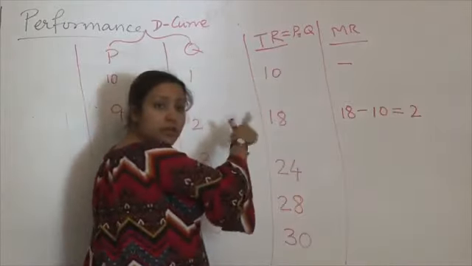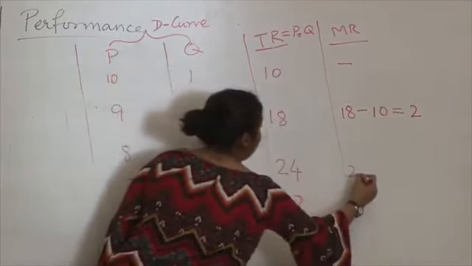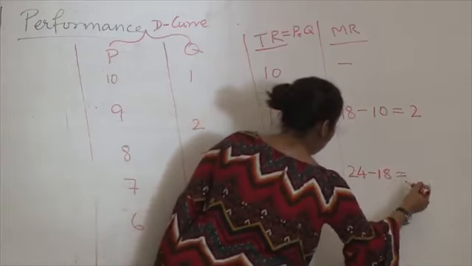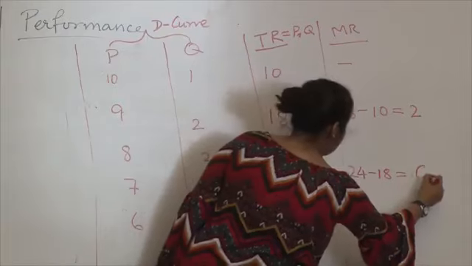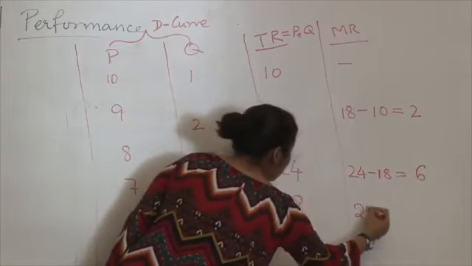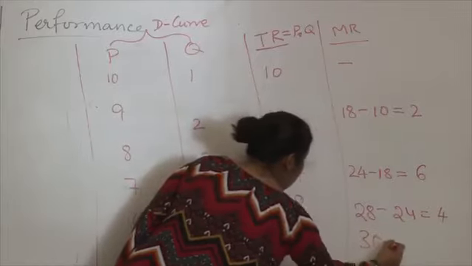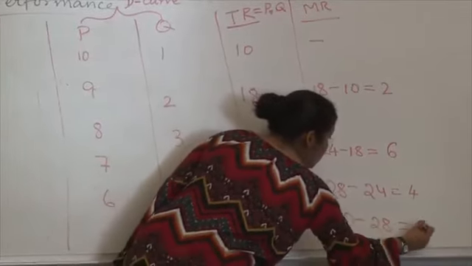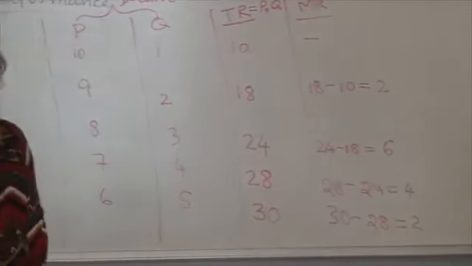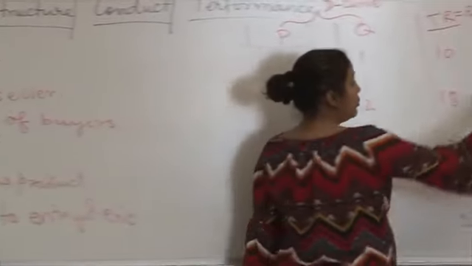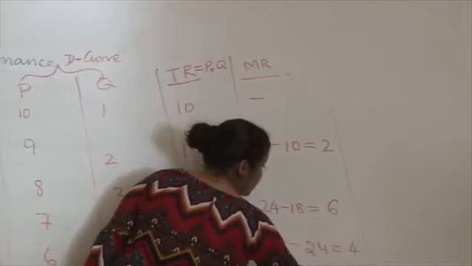That means for every extra one I am finding, 24 minus 18, how much is that? 6, right. 28 minus 24, that is 4. 30 minus 28, that is 2. Okay. So, law of diminishing marginal revenue is also true. The marginal revenue is also going down.